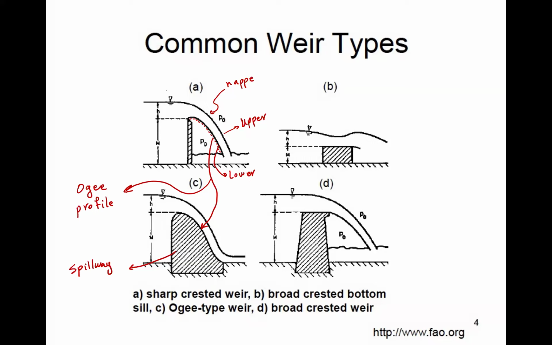In the first case, A, the crest is very, very sharp. That's why it's called the sharp crested weir. In the second case, it's pretty thick. It's not sharp. It has some thickness, and it's called a broad crested weir. So those are the two terms that you see.